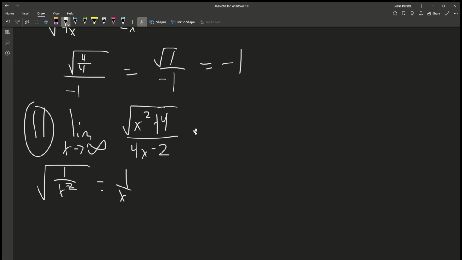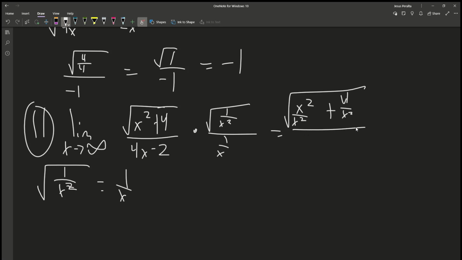So then we're going to multiply this, and we're going to do 1 over x squared over 1 over x, which is equal to x squared over x squared plus 4 over x squared, square root of it, over 4x over x minus 2 over x.